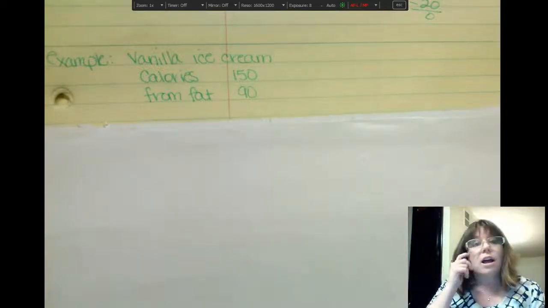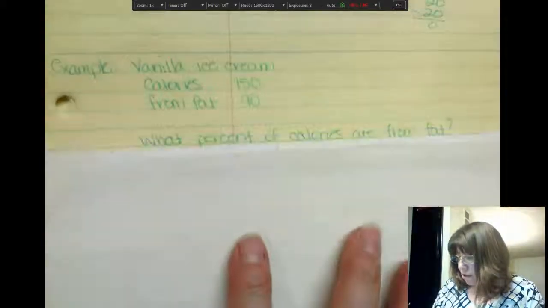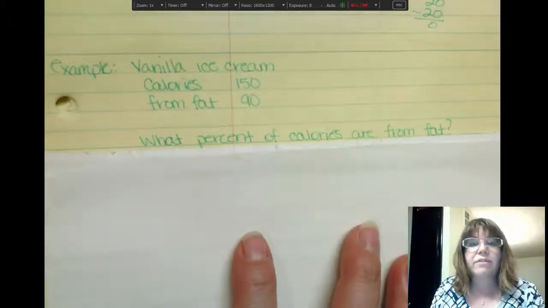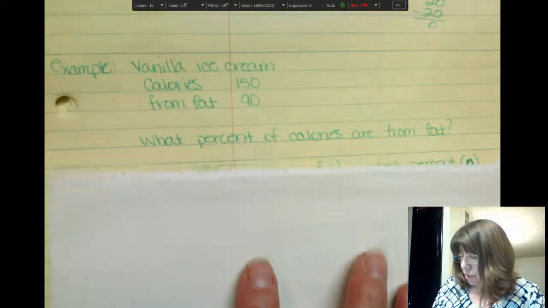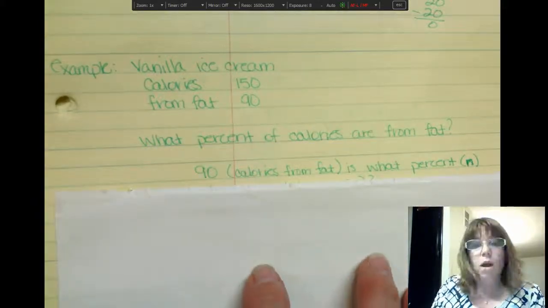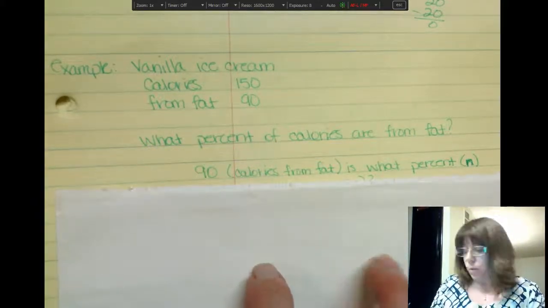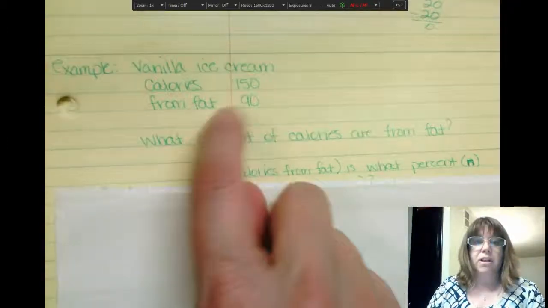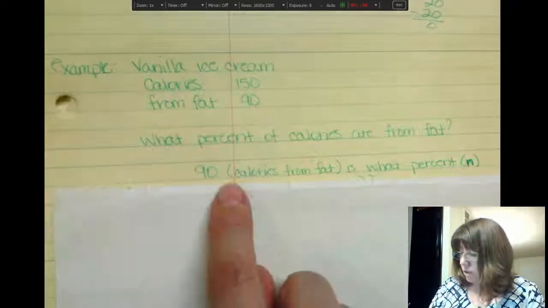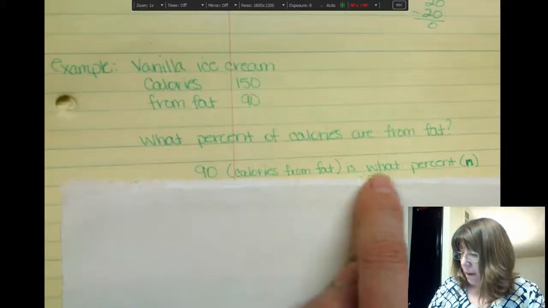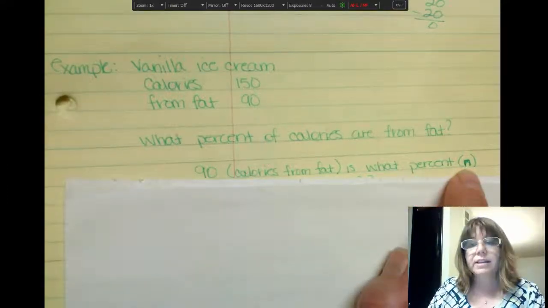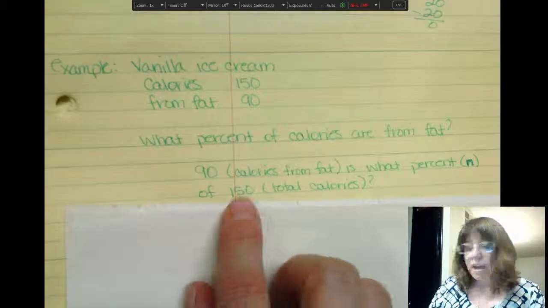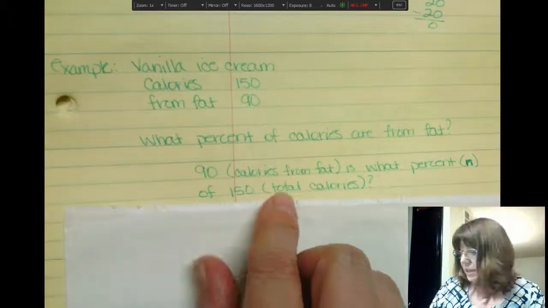And so let's say we want to know what percent of the calories are from fat. To put it in the words like our problem, we know that 90 calories are from the fat. So 90 calories from fat is what percent, which is n, of 150, which are the total calories.